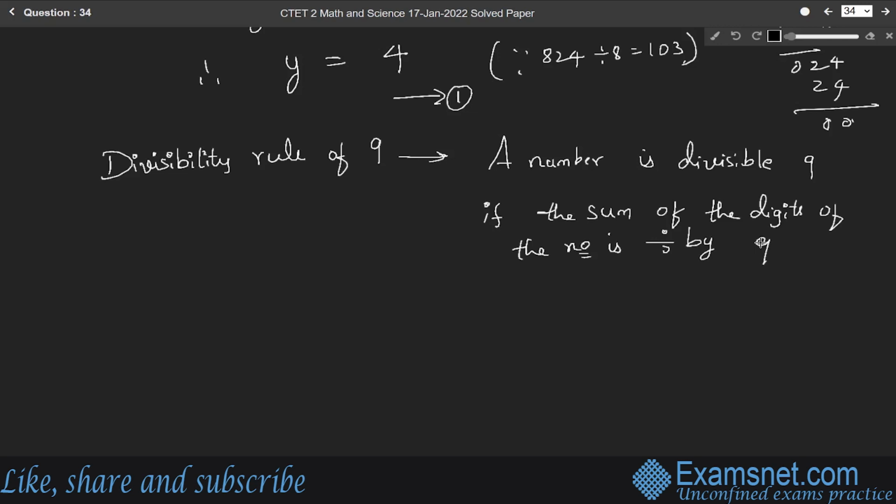Say for example, 81. So the number is divisible by 9 if 8 plus 1, what is the sum? 9, which is divisible by 9. If the sum of the digits of the number is divisible by 9, right?